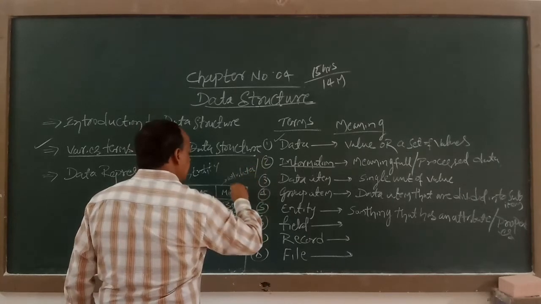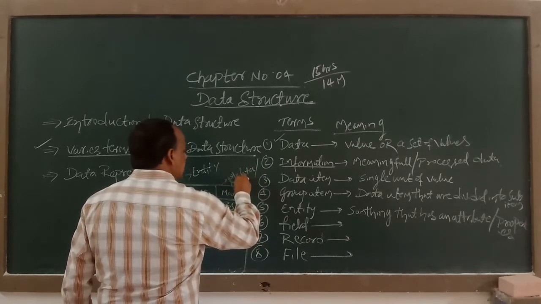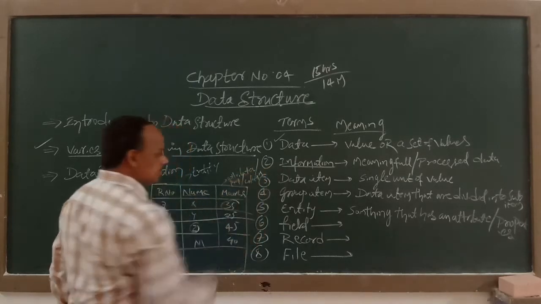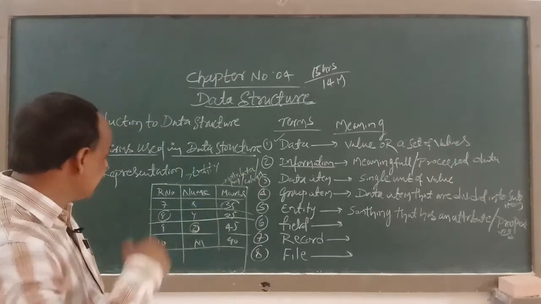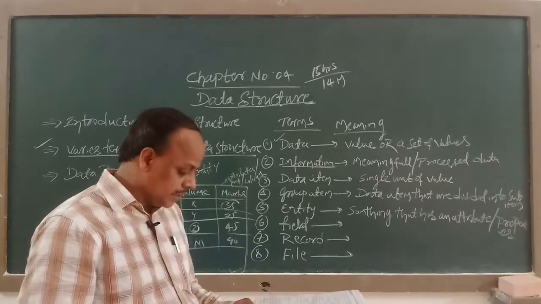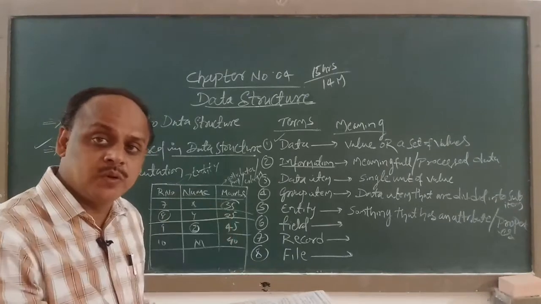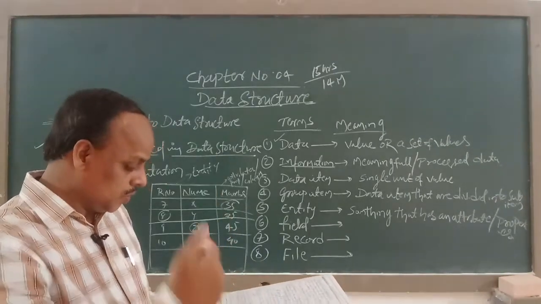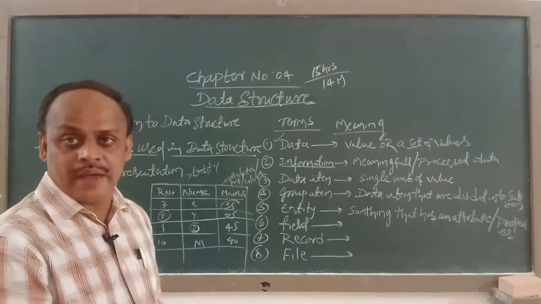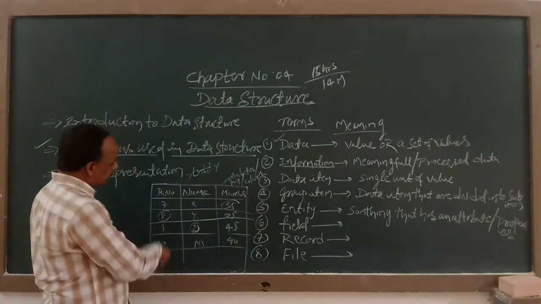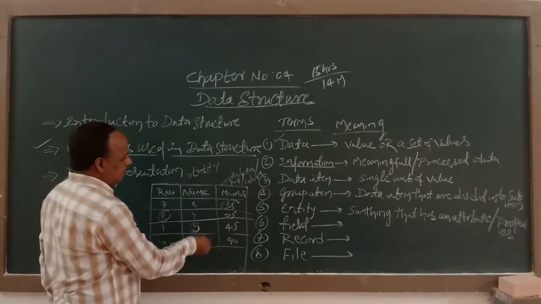Attributes or properties or columns, right? So what is an entity? An entity is something that has certain attributes, meaning certain columns, which may have assigned values. See here, some attributes are there, like roll number, name and marks.